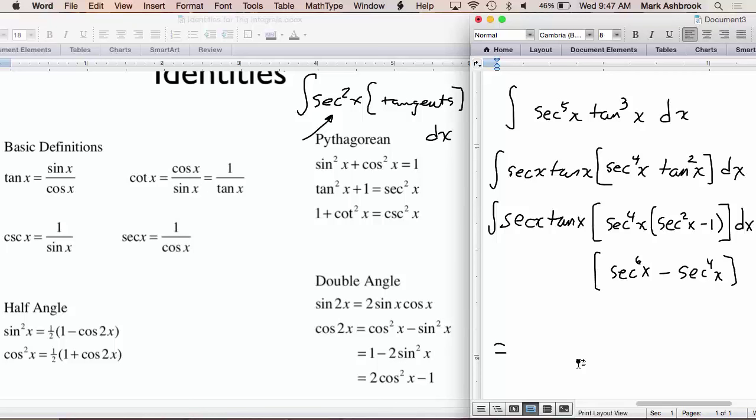So that times secant tangent, that times secant tangent.